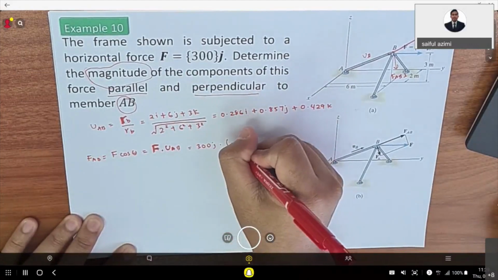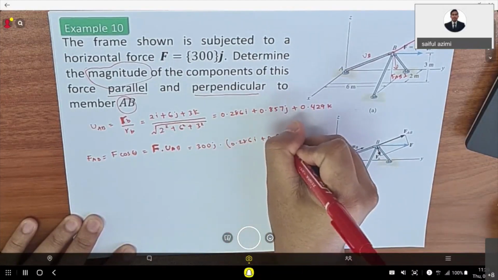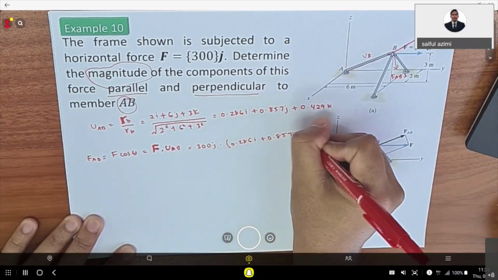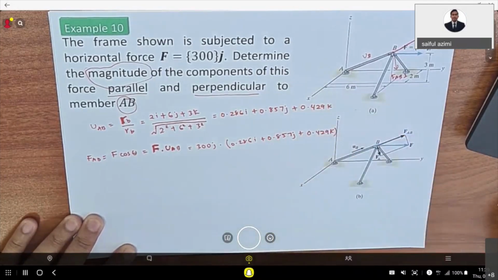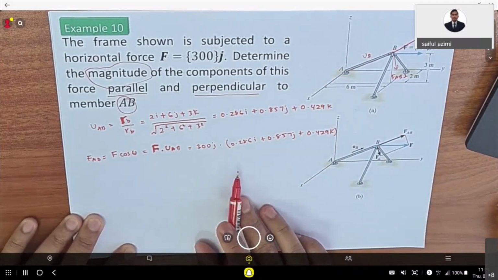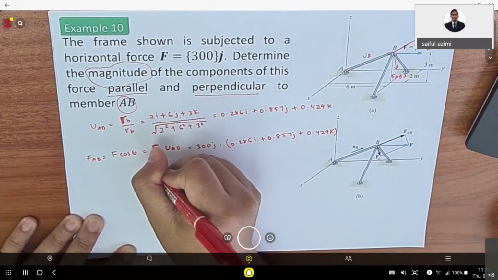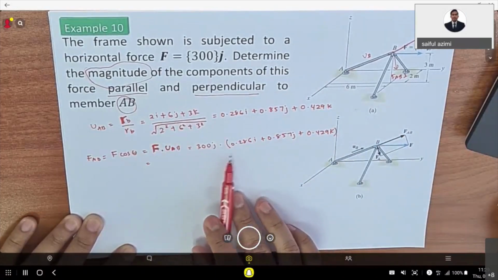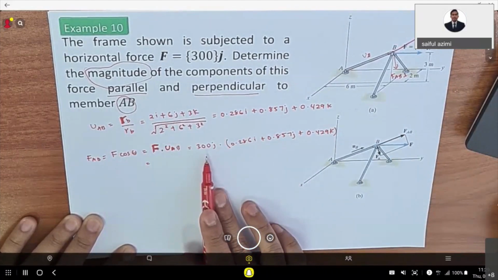0.286i plus 0.857j plus 0.429k. And then what you should do is the dot product. For the dot product, you need to multiply each element separately. If you see here, it only has the element of j, so the other elements are considered as 0.